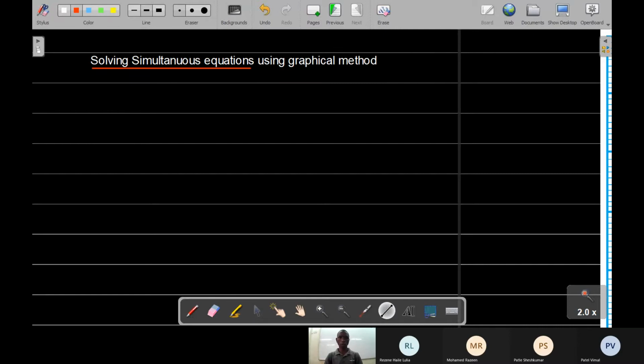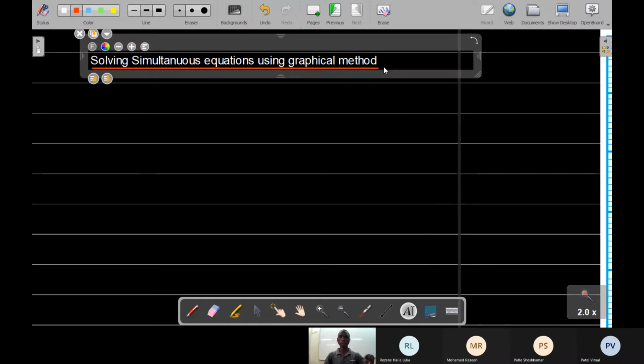So solving simultaneous equations using the graphical method, this is what we should look at.